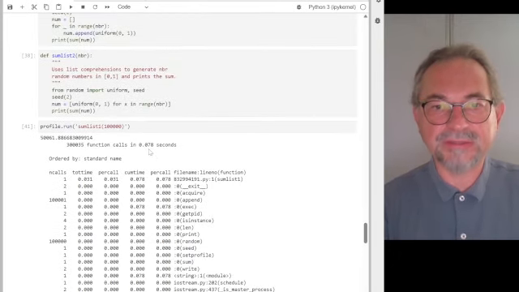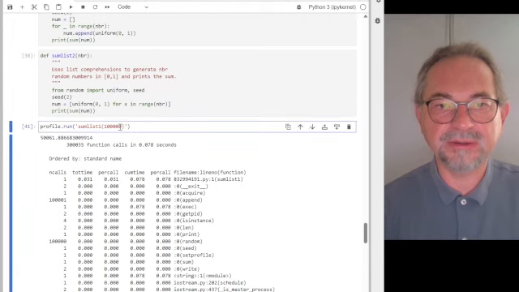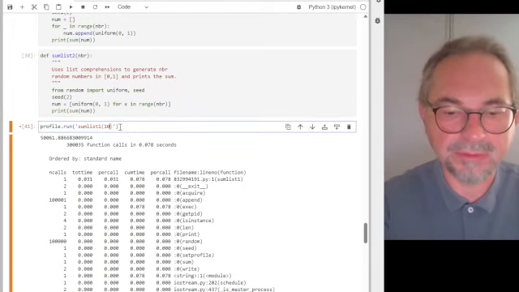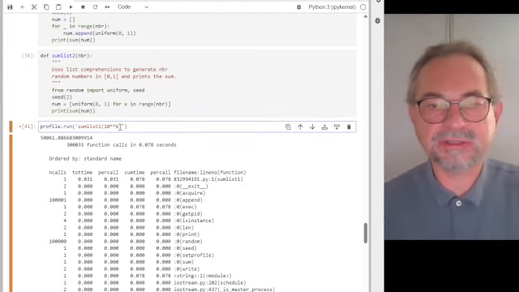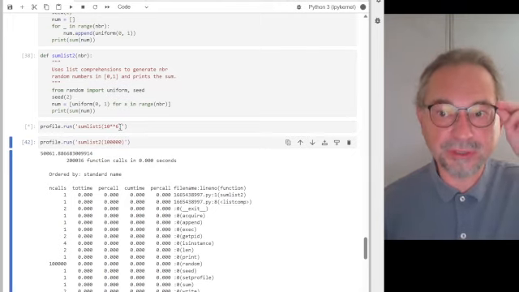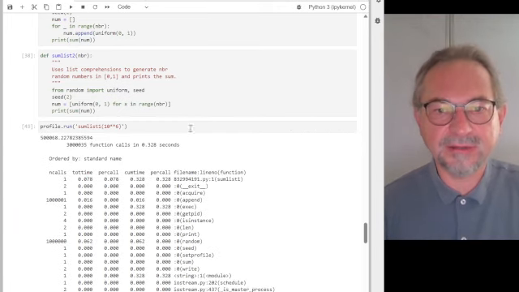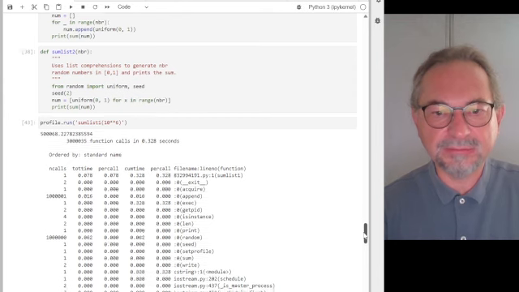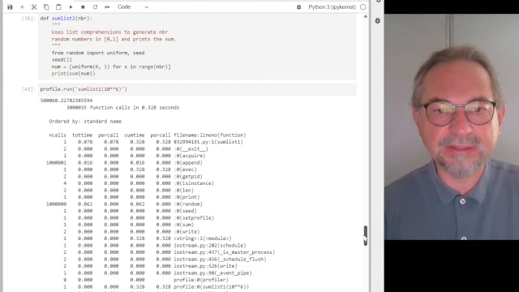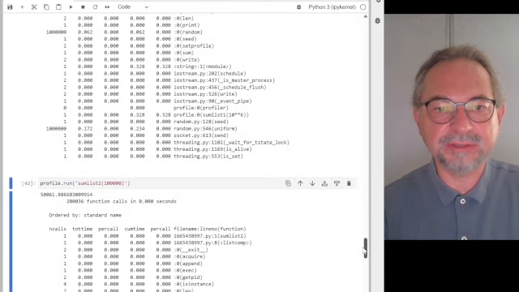So I have 78 milliseconds for 100,000 numbers. Let me take a million. So if I profile this for a million numbers, then what do I get? So 328 milliseconds, and you can see that the append is already starting to take 16 milliseconds.